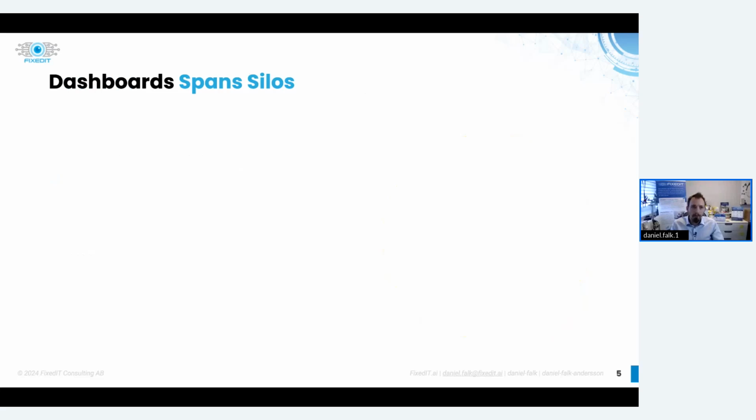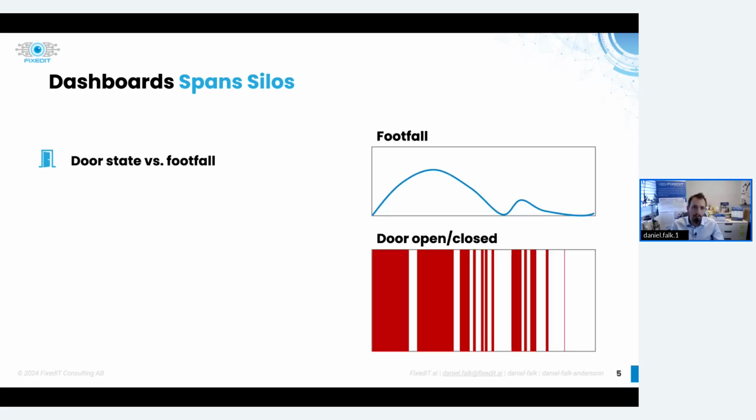Another concept to know is that dashboards span silos. As I said, you typically need to combine data from different sources, and sometimes these different sources are totally different silos. In one case, we can, for example, consider looking at a door that should be closed when it's not utilized. If you just measure the state of the door, is it open or is it closed?